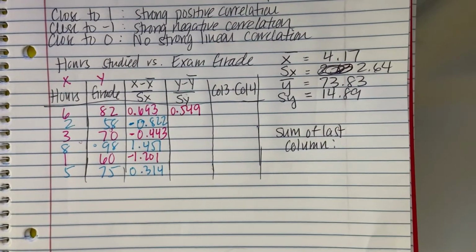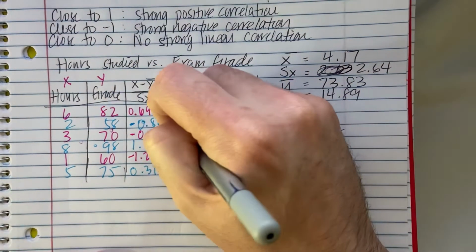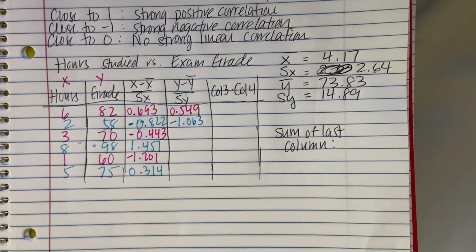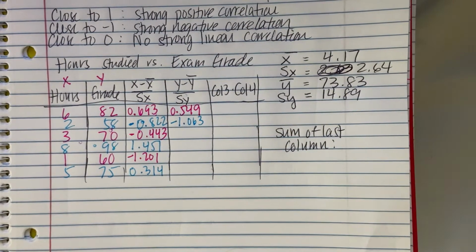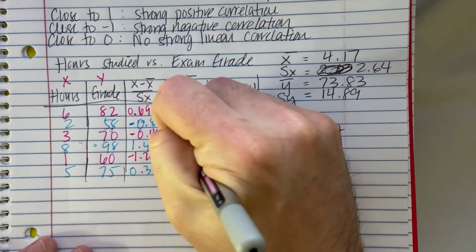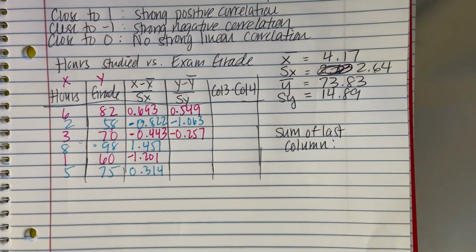Our next test score on the list is a 58, and that is a negative 1.063. The next test score was a 70. This is negative 0.257.